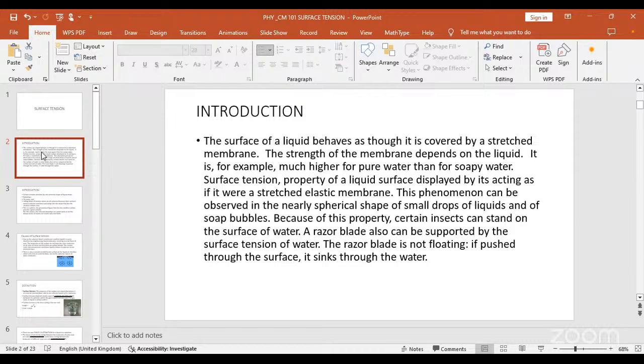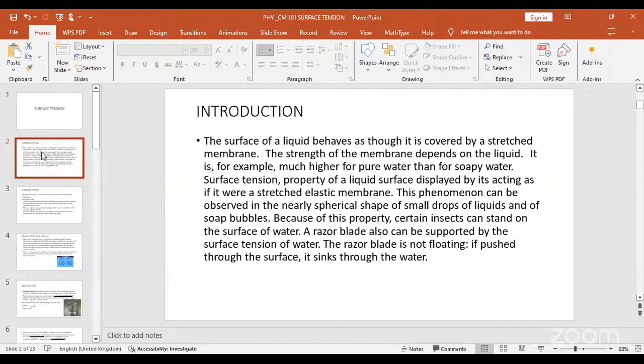For instance, if children are blowing soap bubbles, you see it form a sphere, a circle-like substance floating in the air.